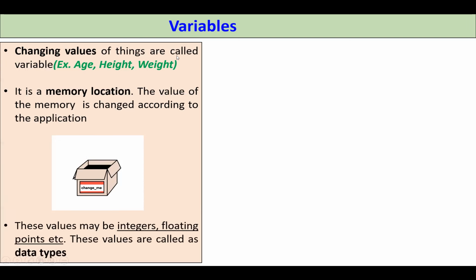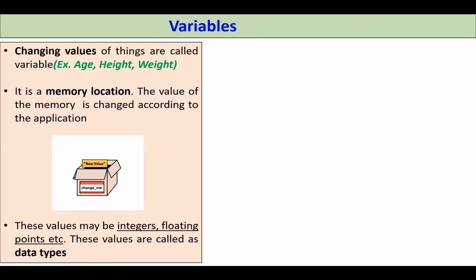Then think about the values you are going to store in this location. These values are of different types, which can be identified as data types. If you want, you can insert whole values, that means without a decimal part. These are called integer values.